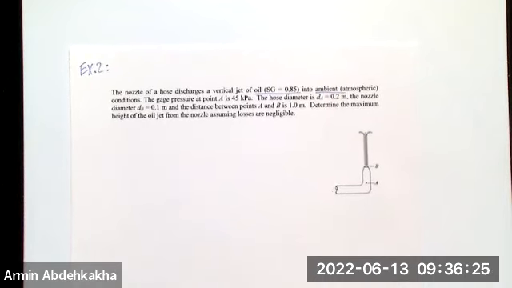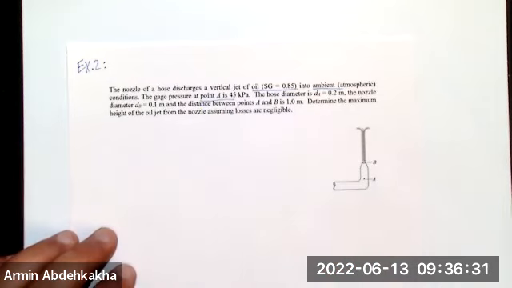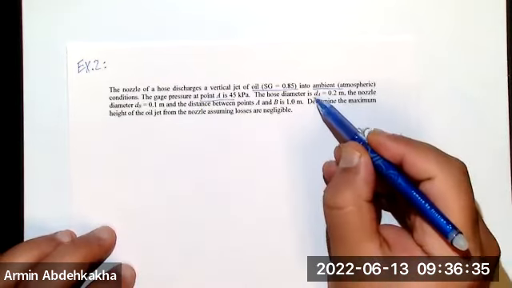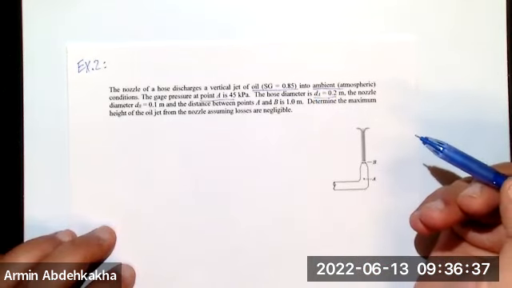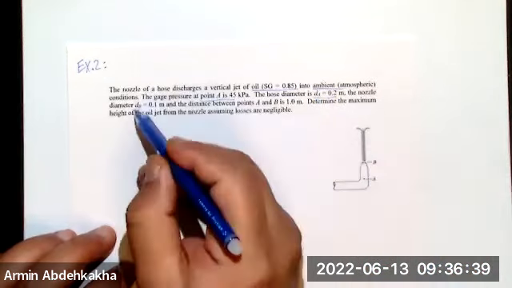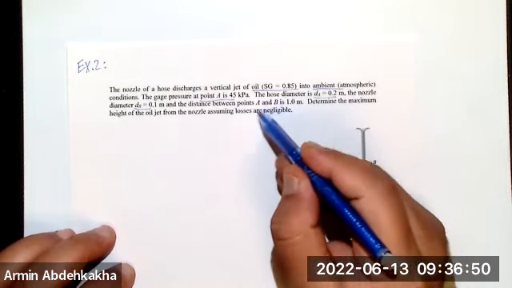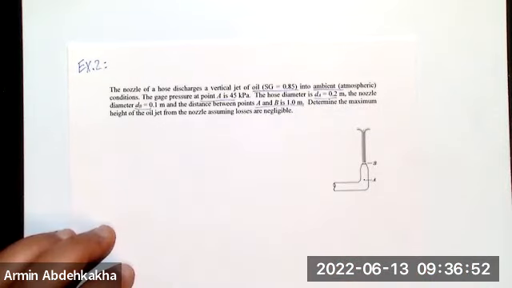The gauge pressure at point A is 45 kilopascal. The hose diameters are given: dA is 0.2 meter and dB, the outlet diameter, is 0.1. The distance between point A and B is 1 meter, so the difference of Z is also given.